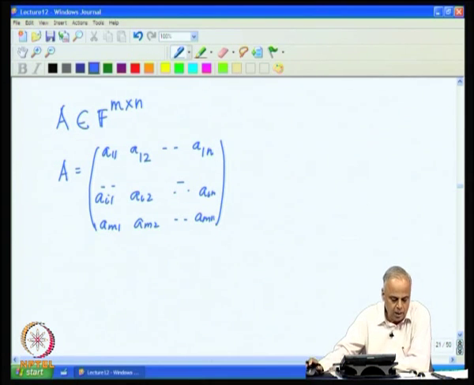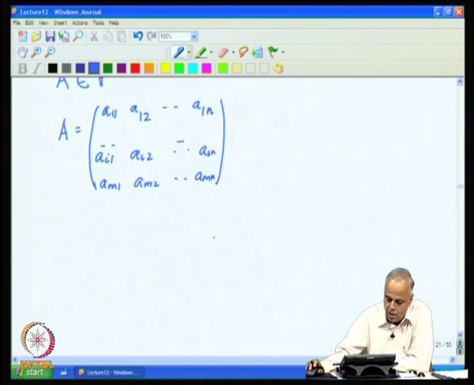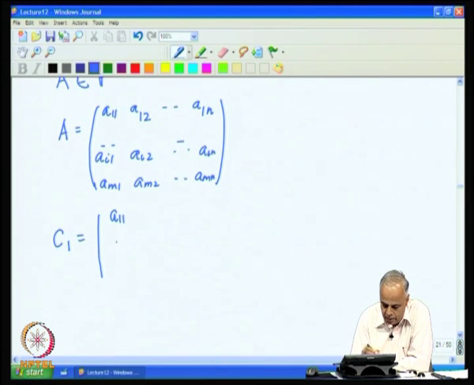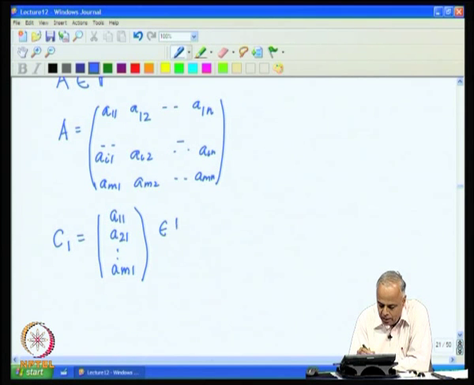Now, consider an m by n matrix and look at the first column. The first column has 1, 2, 3, m entries. So, if we write C1 as the first column as a column vector A11, A21, Am1, we get a vector in Fm.